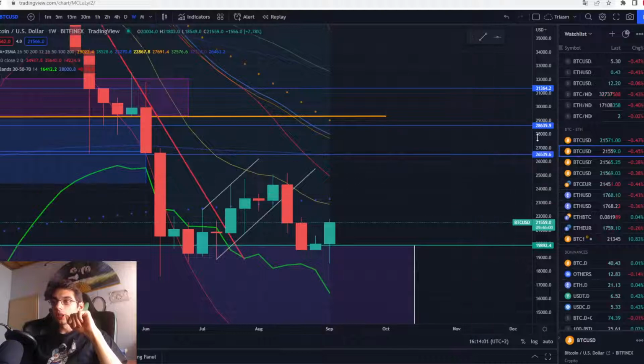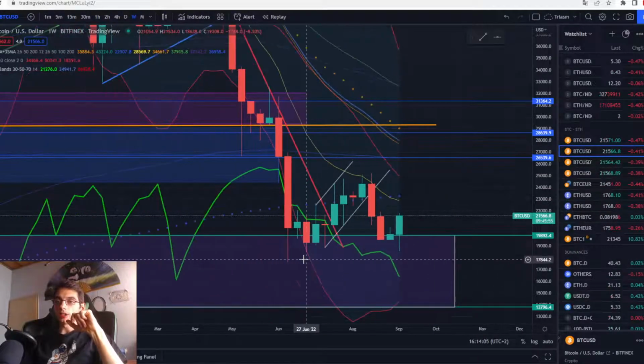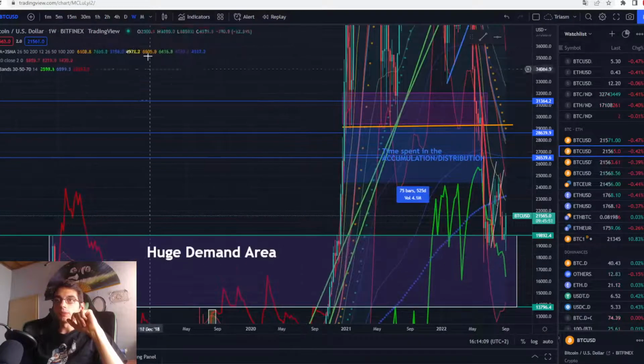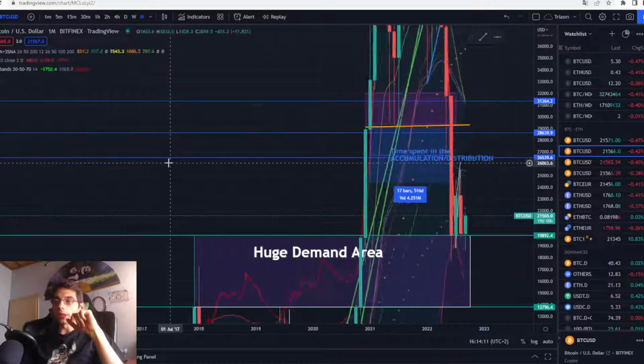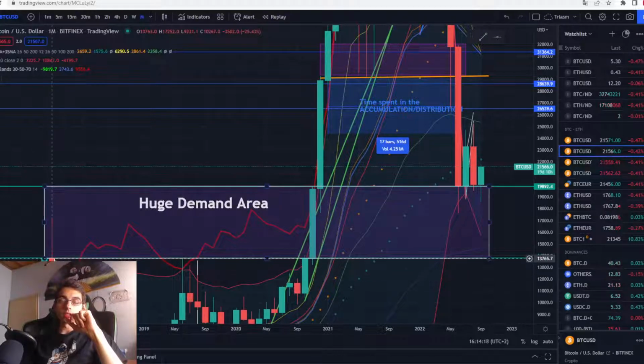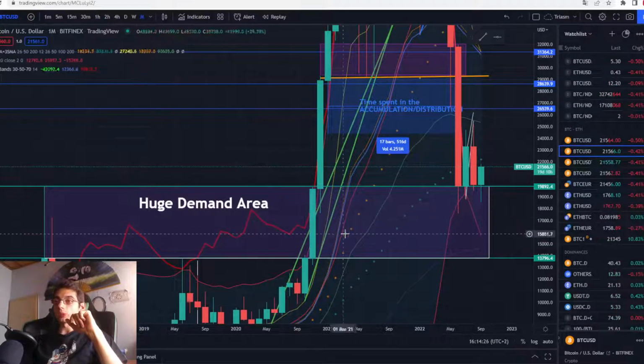This is not really bearish in my opinion, because as you see right here, we have a lot of demand in this area that I outlined on the 14th of June. We can see it better with a monthly candle. This is the area where it opened and closed the last all-time high monthly candle of the last bull cycle.